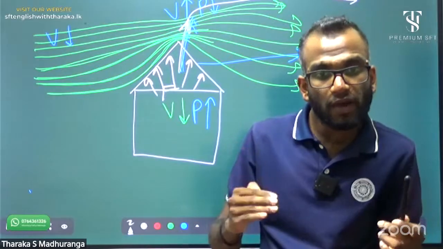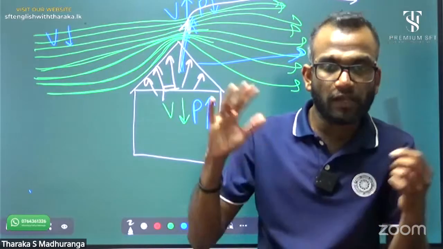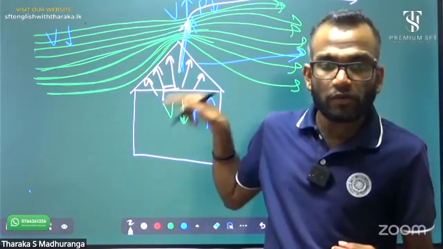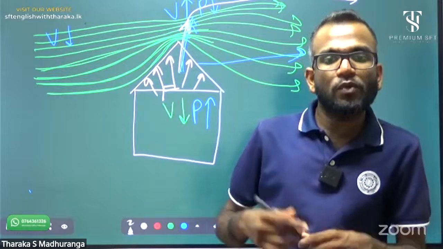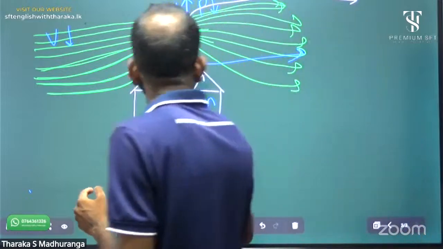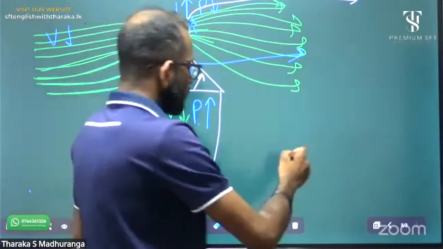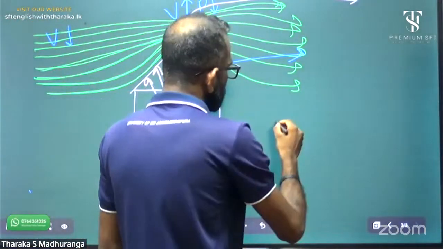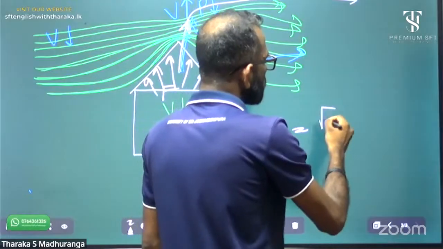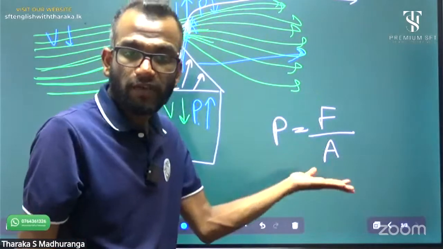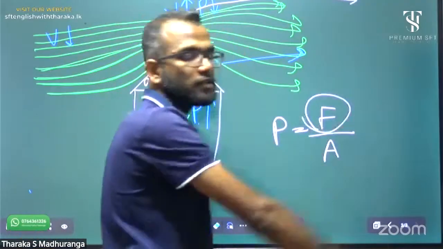Therefore, inside the house the pressure is greater because of low velocity. Now, there is a pressure difference between inside and outside. Pressure equals F over A. If any pressure difference is applied on any surface, a force is exerted.